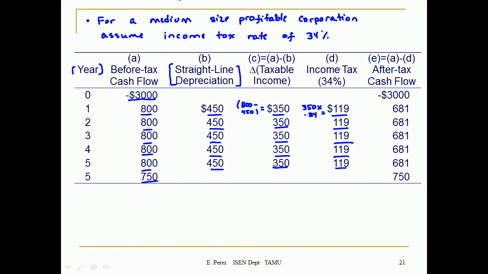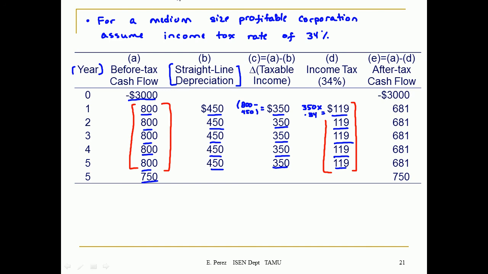So your after-tax cash flow basically is going to use this information, which is your income tax, and this information to get the after-tax cash flow.